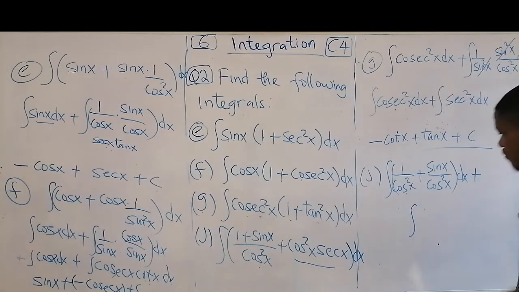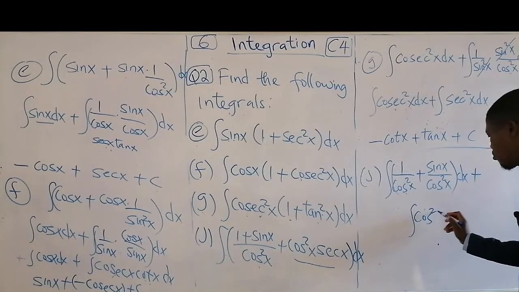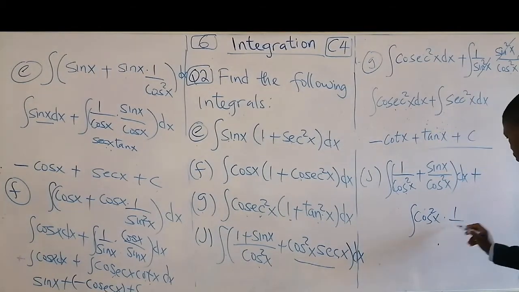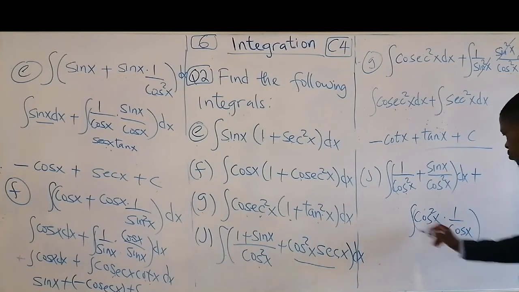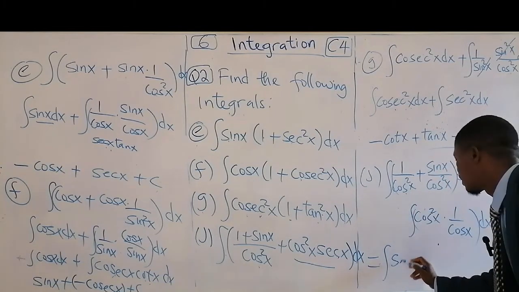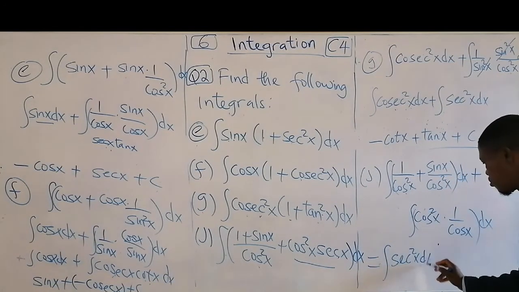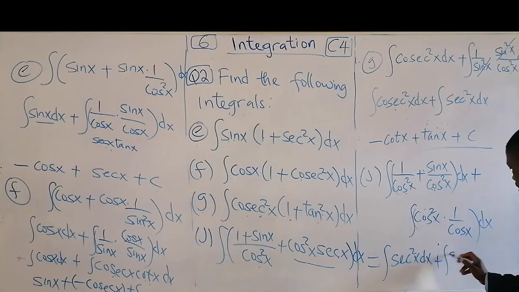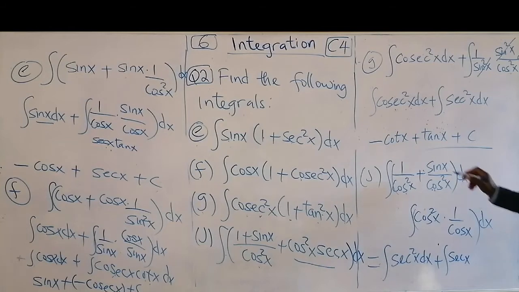So this will be cos square x times sec x, which is 1 over cos x. Open and close your brackets. Then we now have this will be sec square x dx. Then plus integral of this one, which I'm going to do straight away, which will be 1 over cos, that's a sec x, and then sine over cos, that's a tan x dx.